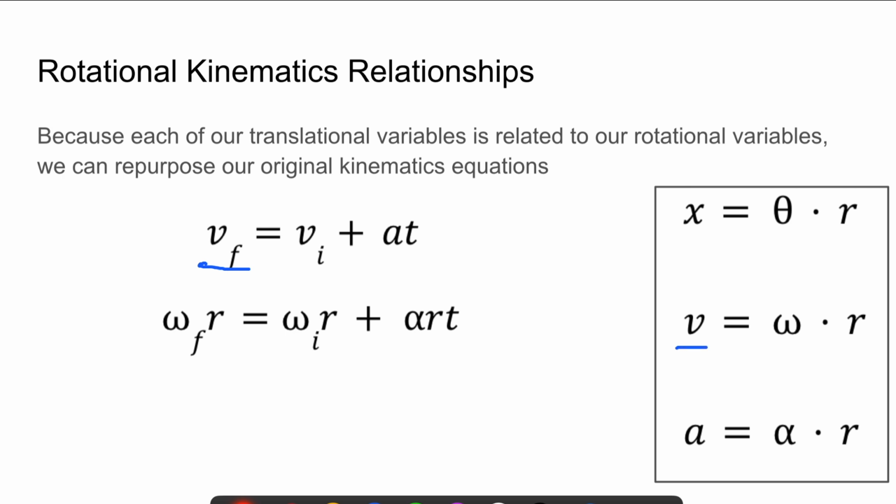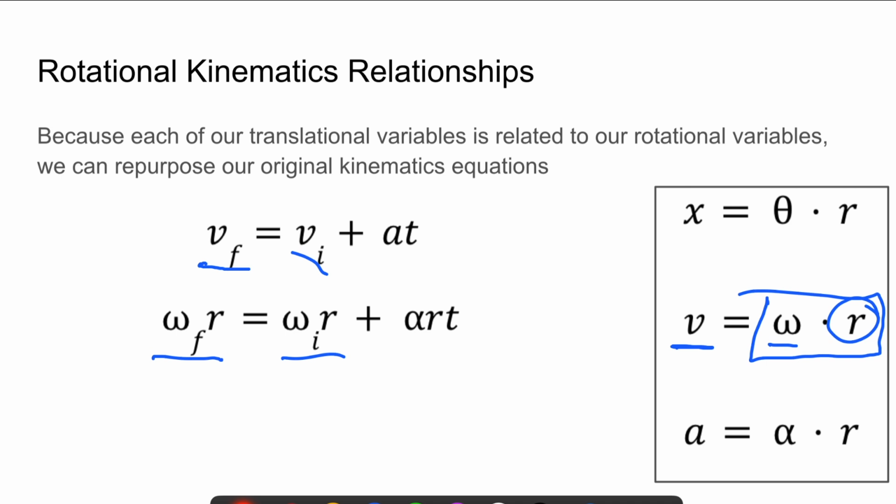And remember that translational velocity equals angular velocity times radius. So we can plug in for our translational velocity, angular velocity times radius. And we can do that for final velocity, and we can also do that for our initial velocity.